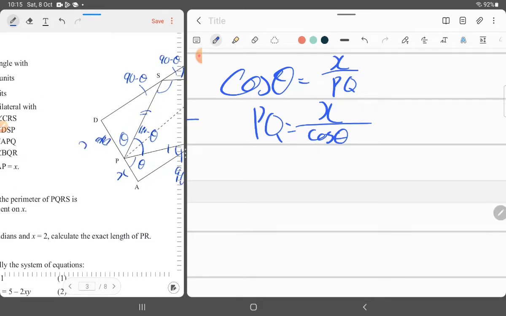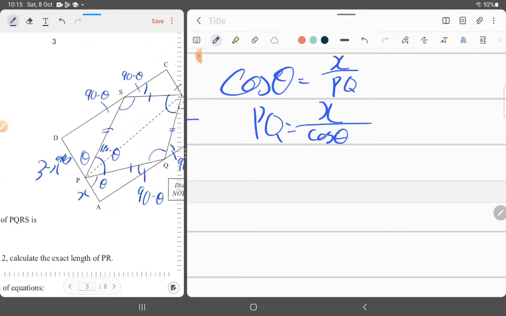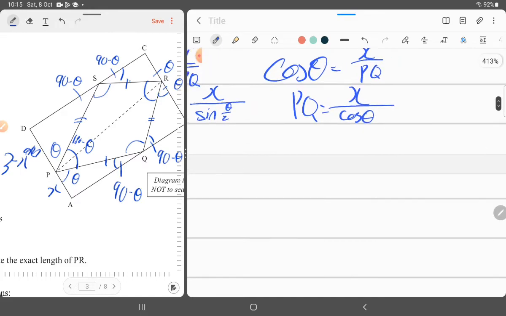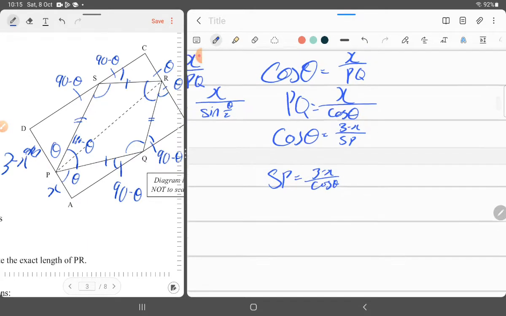This is 3 minus x. We know that this and this are equal, so cosine theta is equal to 3 minus x over SP. SP is equal to 3 minus x over cosine theta.